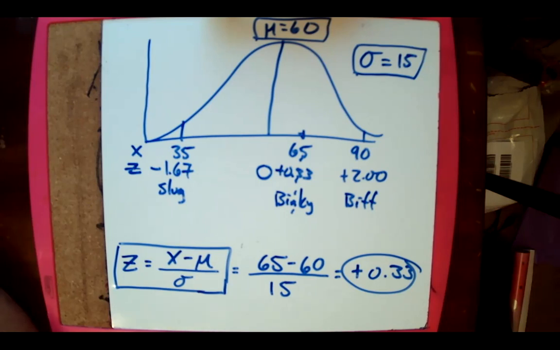Your Z score says you're within the average range of attractiveness, or at least within the typical range as everybody else. But your X value is more difficult for people to understand because it says you're 5 points above. So you just go, I'm above the average, I'm better looking than the average person. But the Z score says, nah, you're kind of in the same boat with most of us.